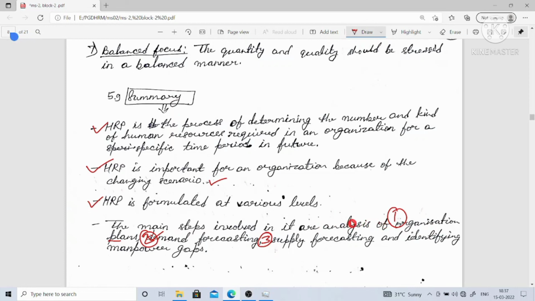Demand forecasting means, according to that plan, the number of people required by the organization in the future. Supply forecasting means the availability of employees in the future, and identifying manpower gaps, and then whether it is possible to get that many people in the job market or not.